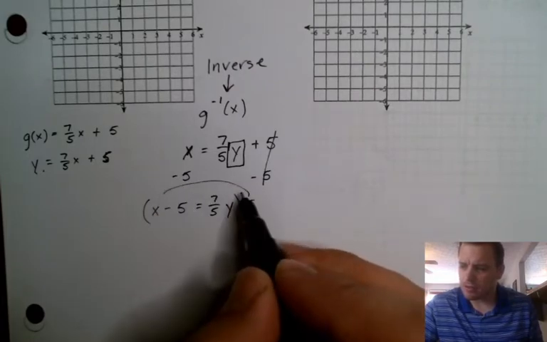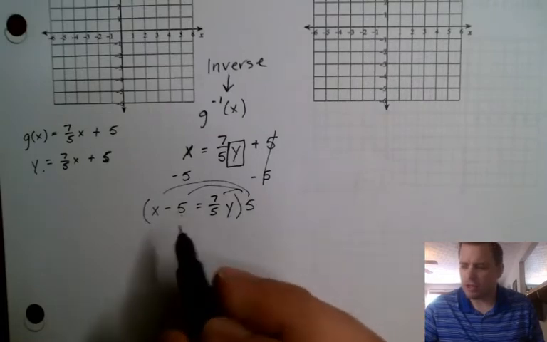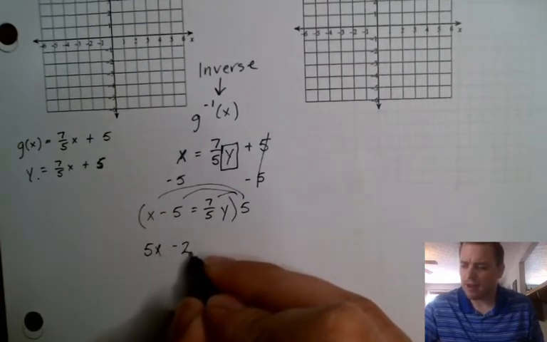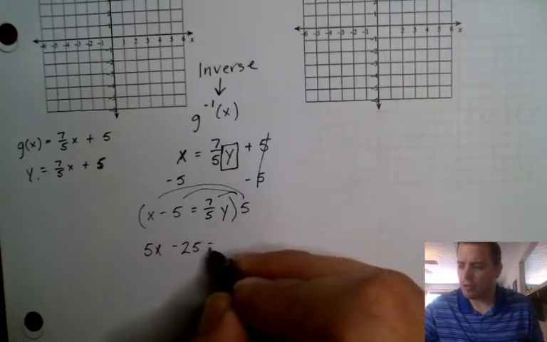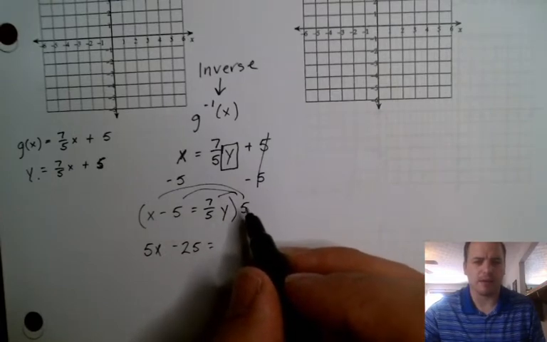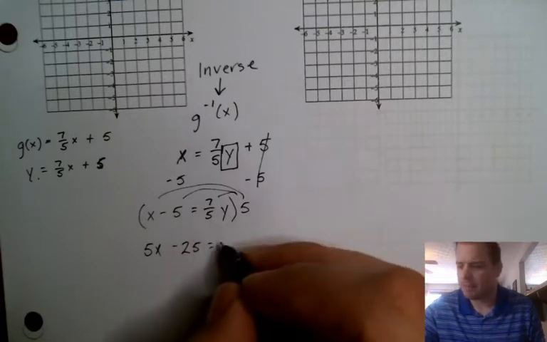So distribute, distribute, distribute. That would take us to 5x minus 25, and that is equal to, now remember this, anytime you're multiplying that least common denominator times something with the same denominator, it's just the numerator, so it'd just be 7y.